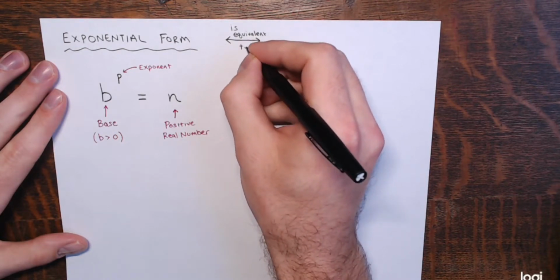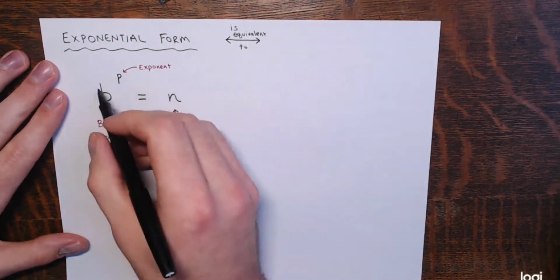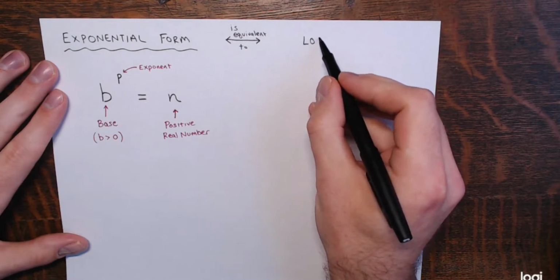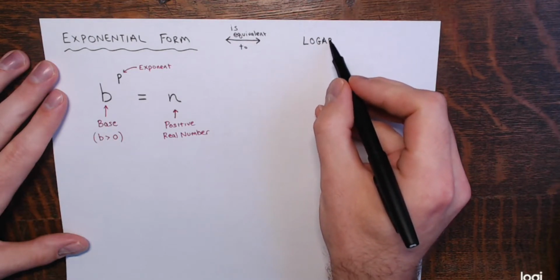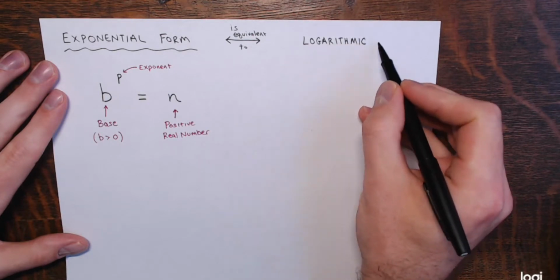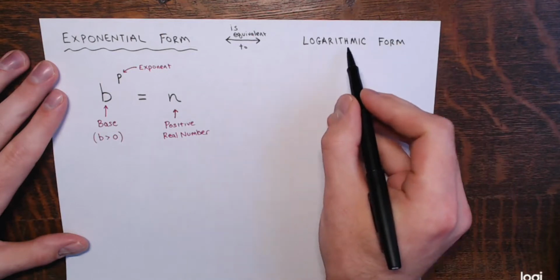That's why I've got the double arrow here. We can take this statement in exponential form and rewrite it in what's called logarithmic form.